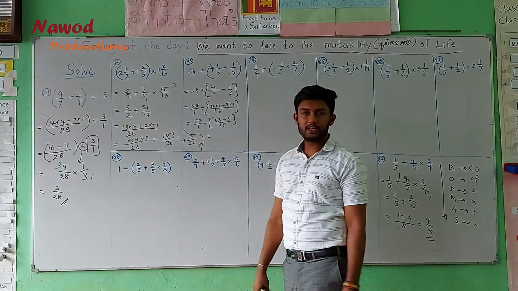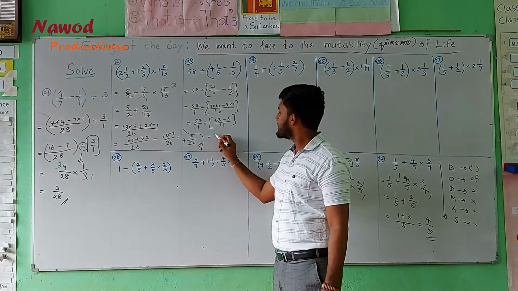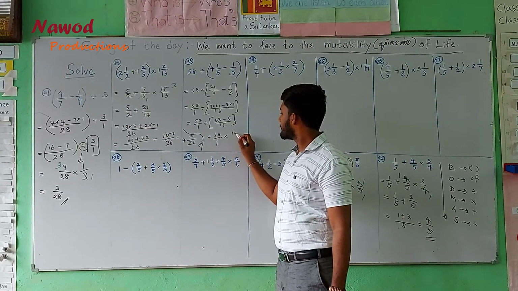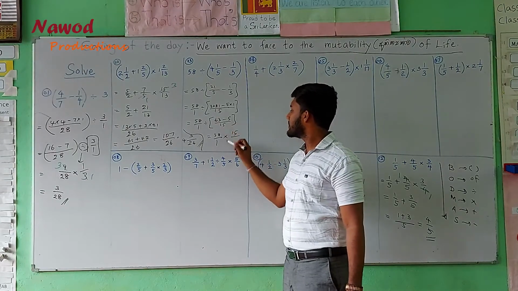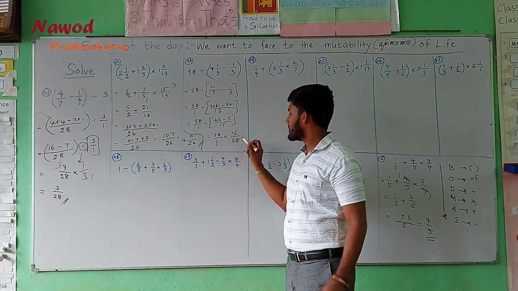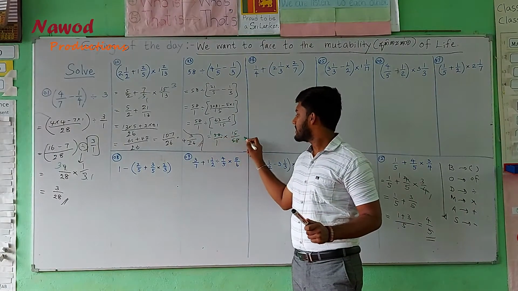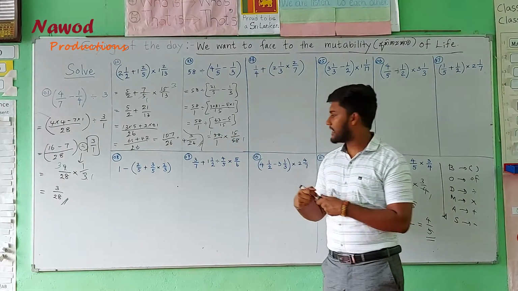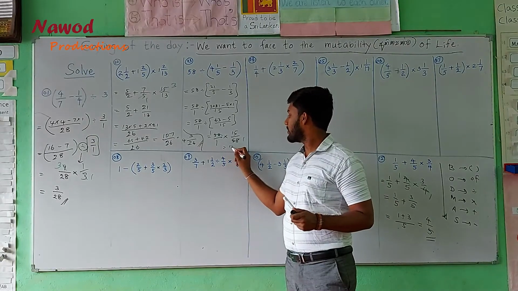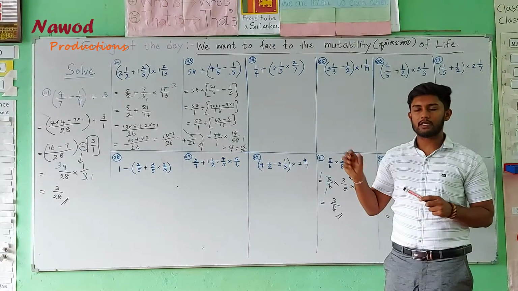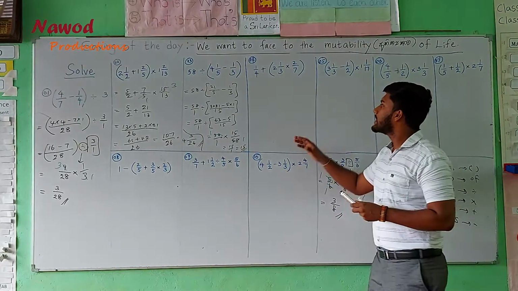Then you can obtain the answer 58 over 1 multiplied by 15 over, here you can get 58 already. Then 58 into 1, you can get the answer 15 over 1, 15 as the answer. Then when you consider the fourth question, right?